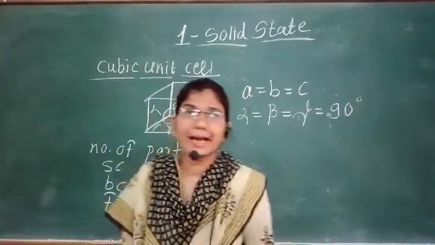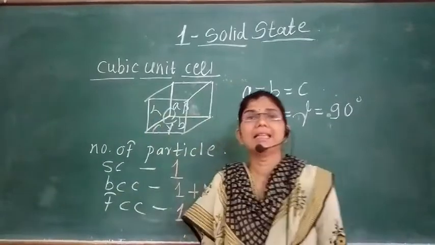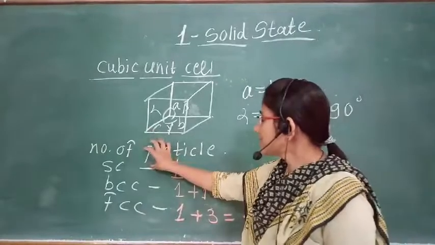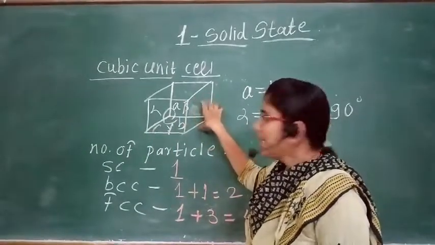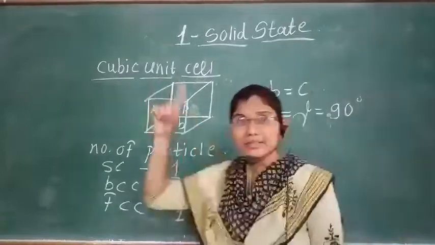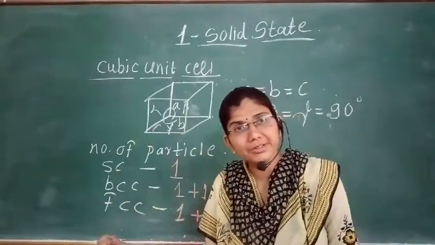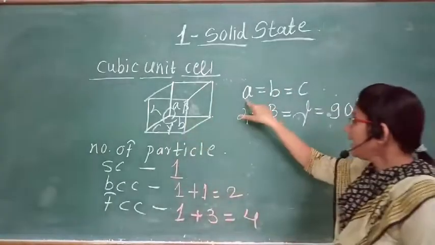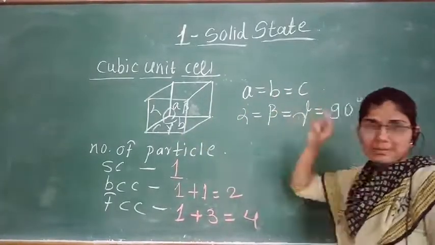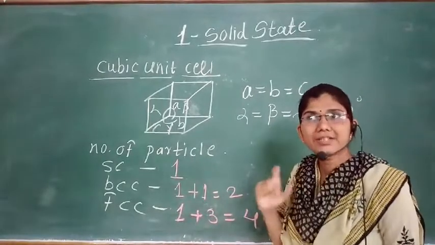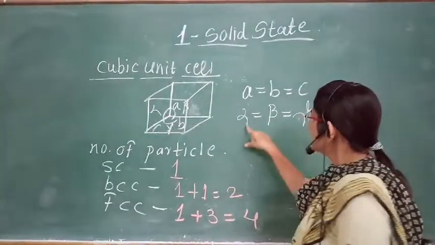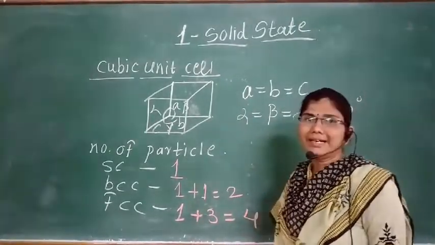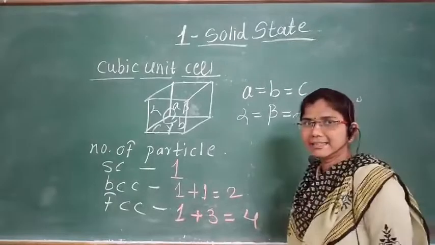This part we have discussed in our last lecture. So this is a cubic unit cell, and these are the sides. Out of the 7 unit cells, we have to study only this cubic unit cell, in which a equal to b equal to c, means all 3 edge lengths are the same, and the angles alpha, beta and gamma are equal and equal to 90 degrees.